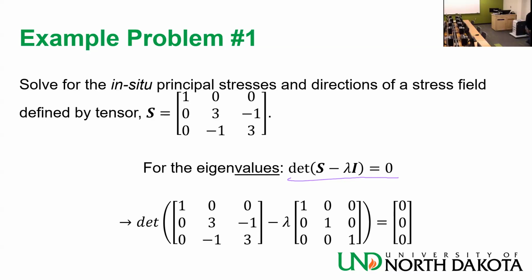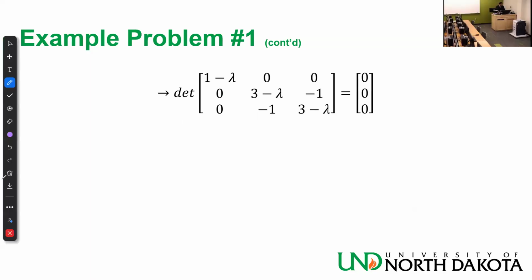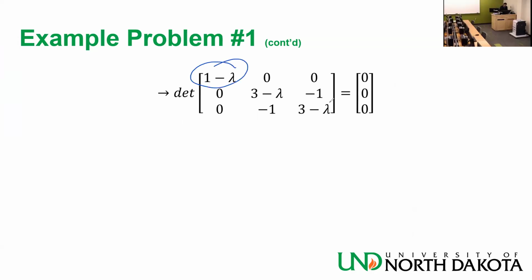S minus lambda times the identity matrix. Now, I expect that you know how to do the determinant, but the idea is that once you have the matrix, you take, let me use blue, you take this and you multiply by these two minus these two.